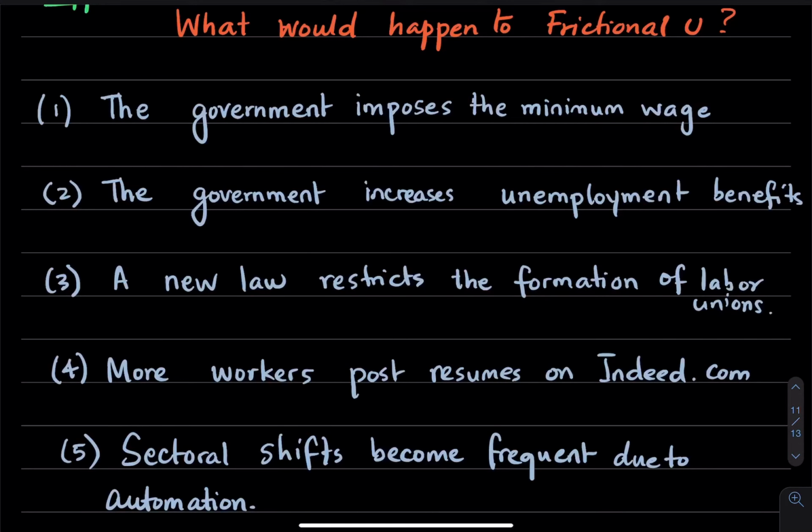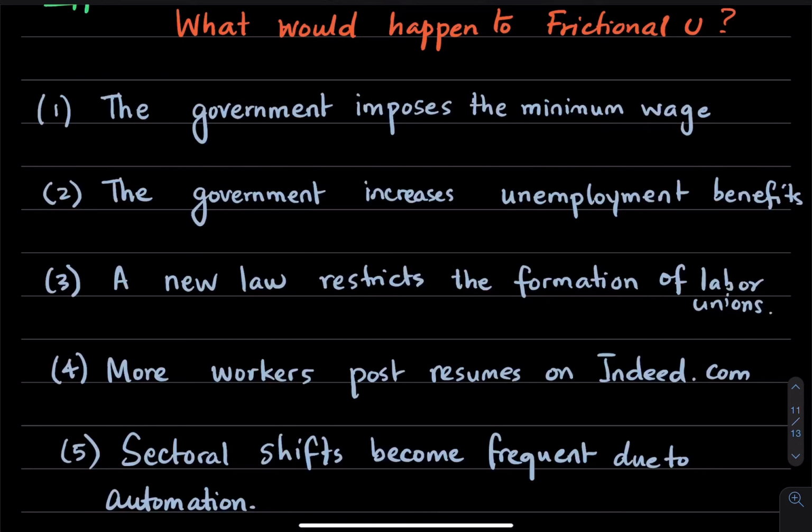The first part says that the government imposes the minimum wage. We know that if the government imposes the minimum wage, this is going to increase structural unemployment. It does nothing to frictional unemployment because minimum wage laws affect structural unemployment and not frictional unemployment.